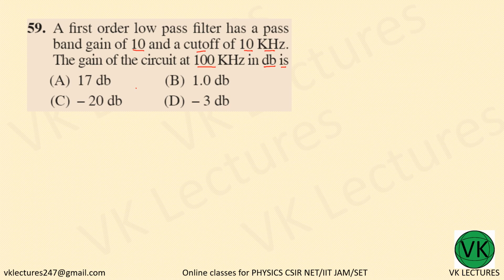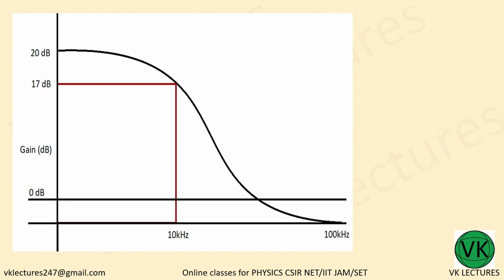Now before going to the question, let us understand a few things. Here you have the frequency response curve. On x-axis you have the frequency, and on y-axis you have the gain in decibel.